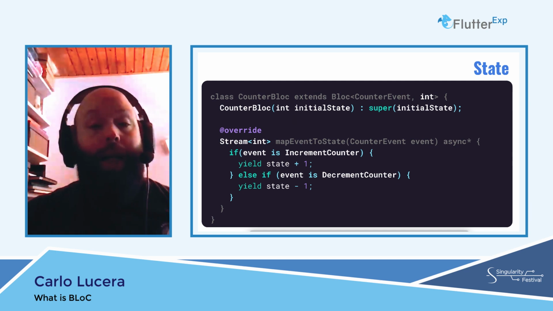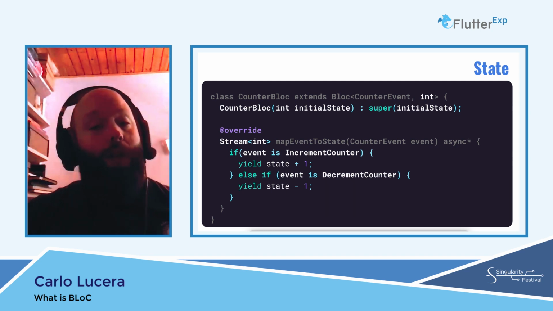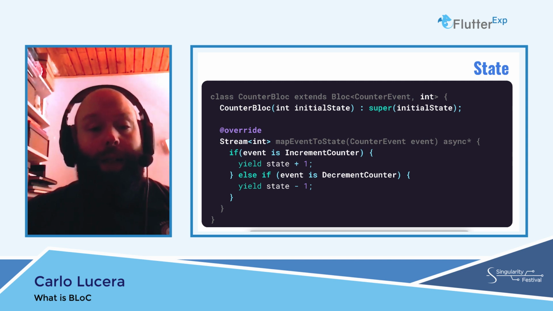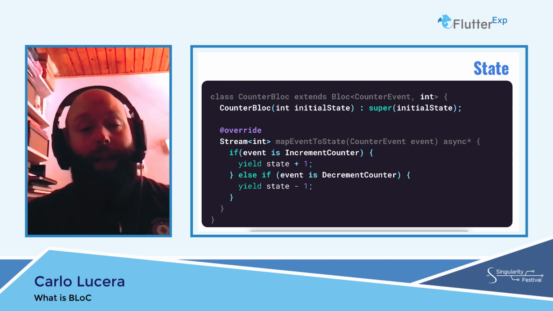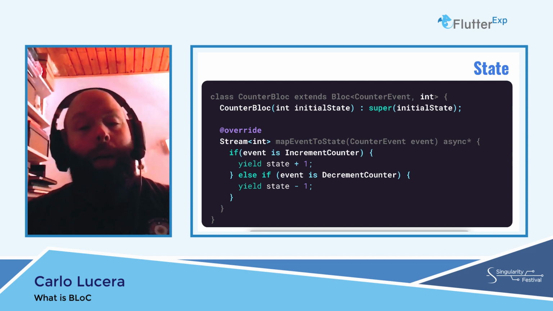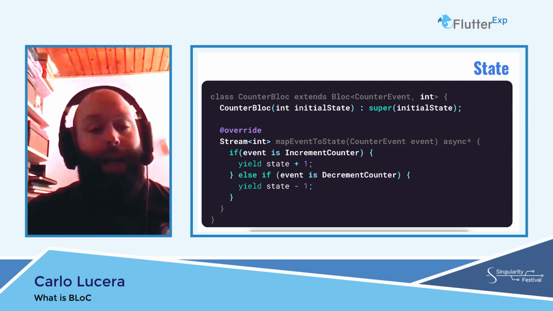And this means that when you yield the new state, you can use what you already have in order to modify it. In this case that we are doing the sample, if we increment the counter, we can yield the same state by adding 1, and if we decrement the counter, we can yield the same state decrementing by 1.